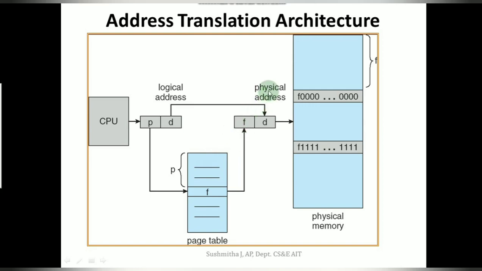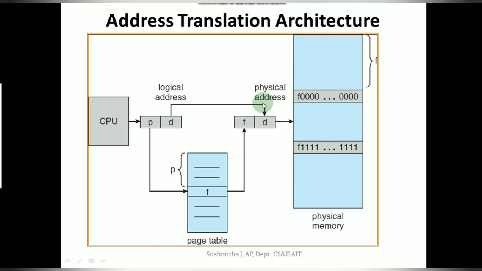And again, the physical address here has two parts, the frame number and the frame offset. The number of bits in the frame number determines how many frames the system can have, and the frame offset gives the size of that frame.